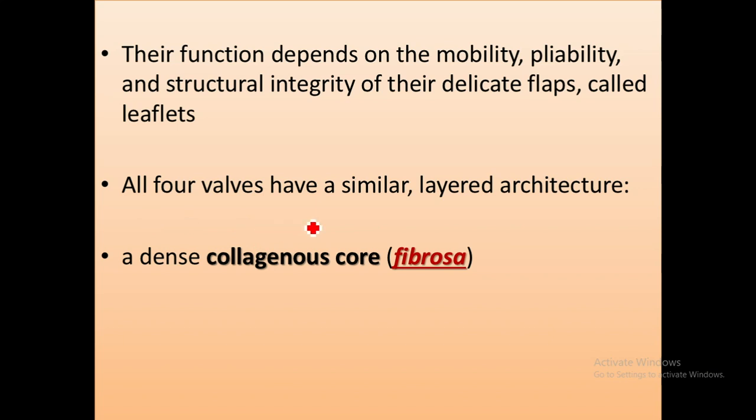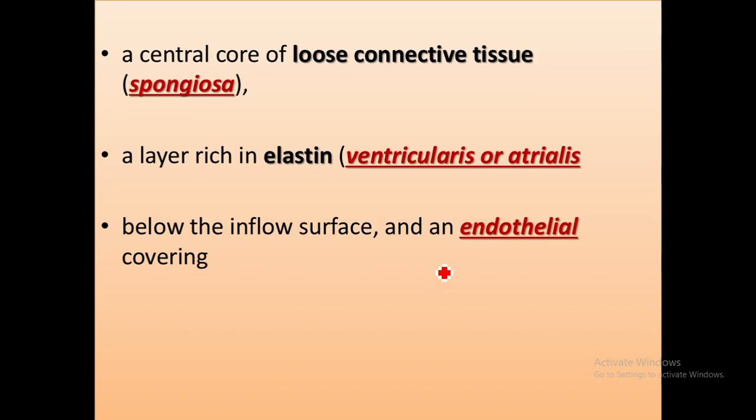All four valves have similar layered architecture histologically: a dense collagenous core, called fibrosa layer; a central core of loose connective tissue called spongiosa; and a layer rich in elastin, called ventricularis or atrialis, depending on which chamber it is facing.